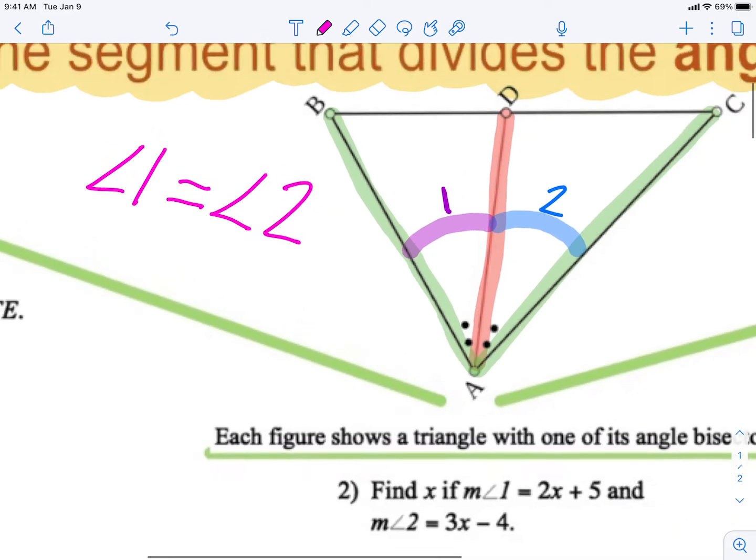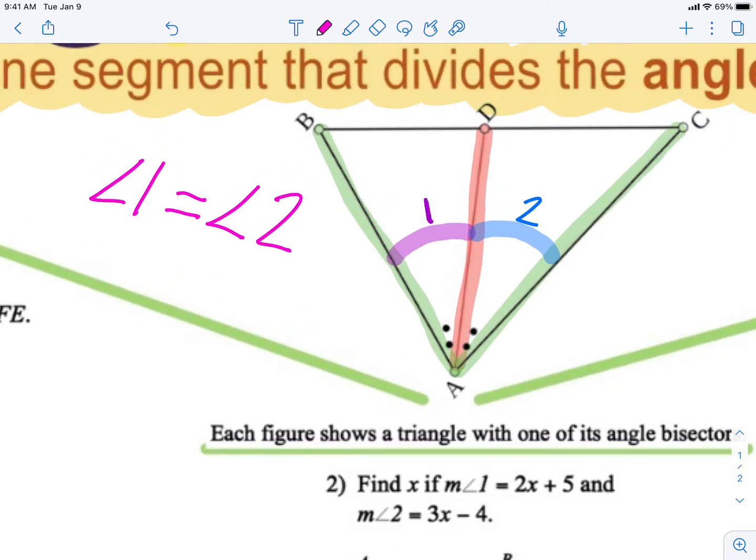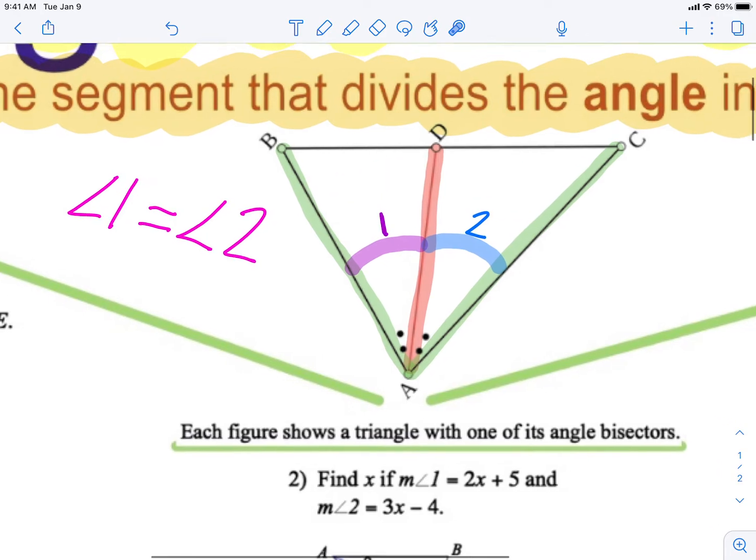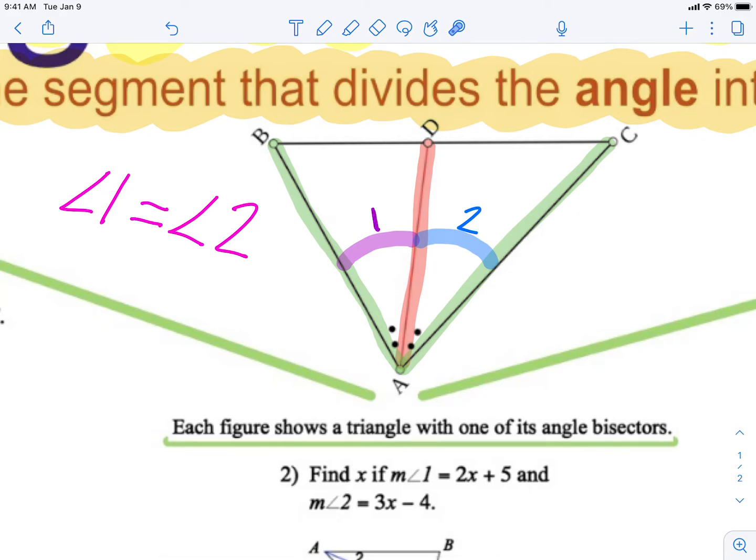Whatever angle 1 is, angle 2 is the same. If angle 1 was 30, then angle 2 would be 30. If angle 2 was 75, then angle 1 would be 75. They are equal.